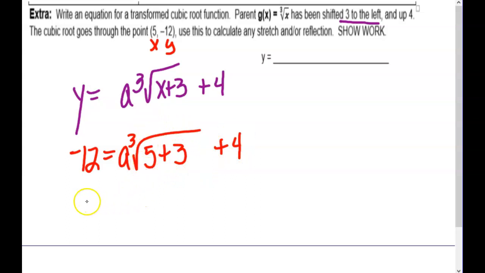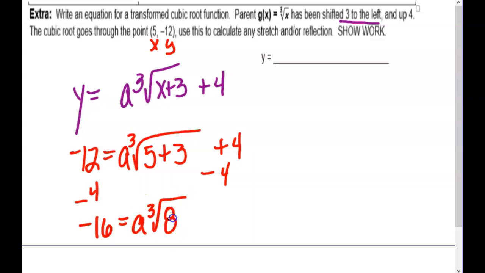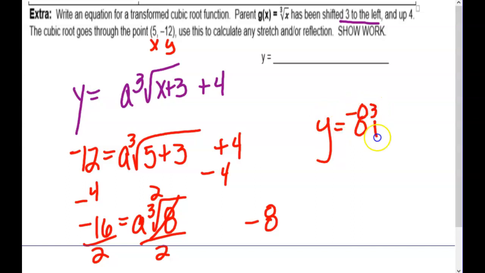What is the cubed root of 8, guys? So we'd have -16 equals a times the cubed root of 8. This is 2, so we just need to divide both sides by 2. So I got -8 as the stretch. Did anyone else get that? So y equals -8 times the cubed root of x plus 3, plus 4.